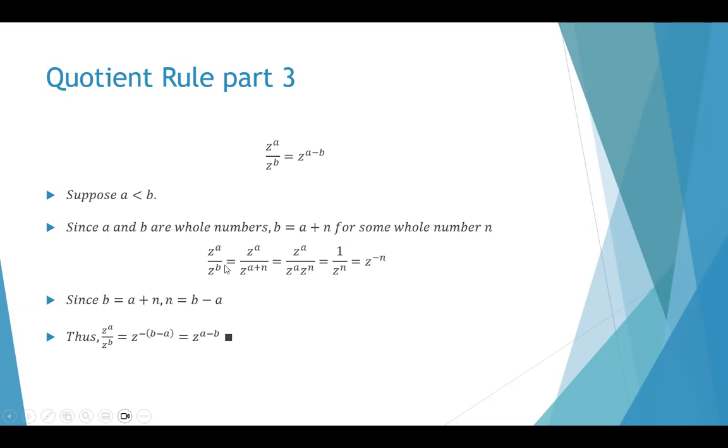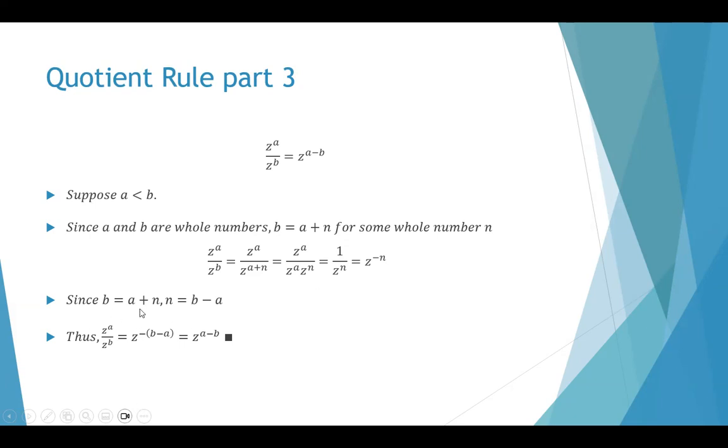Z to the a over z to the b is equal to z to the a over z to the a plus n, which would be z to the a over z to the a times z to the n. Z to the a over z to the a is equivalently 1. So we have 1 up top. We have 1 over z to the n, which is z to the negative n.